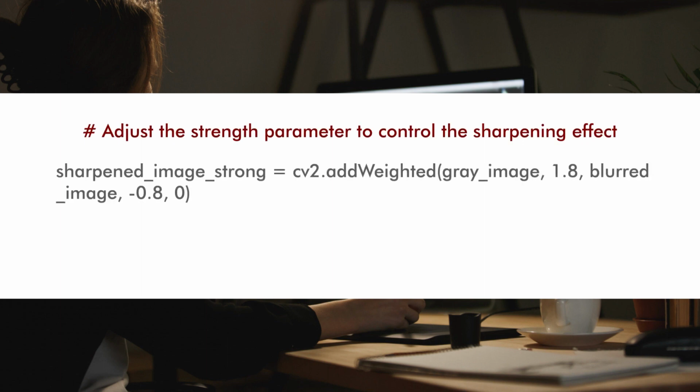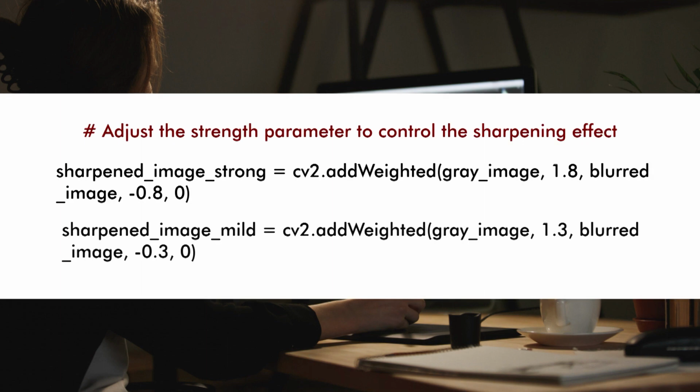So, adjust the strength parameter to control the sharpening effect and we can get that sharpened image with some weighted value. Before that we have to understand what the grayscale image and blurred image are, with sufficient knowledge of those values. So, in the sharpened image we have some weighted value, or we have to add some value to identify that particular image.